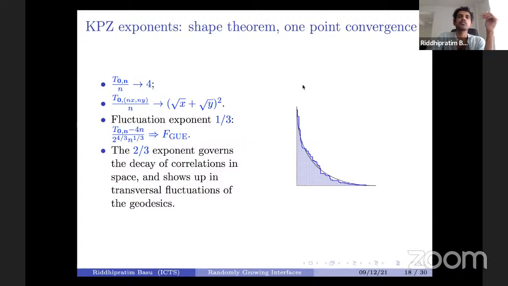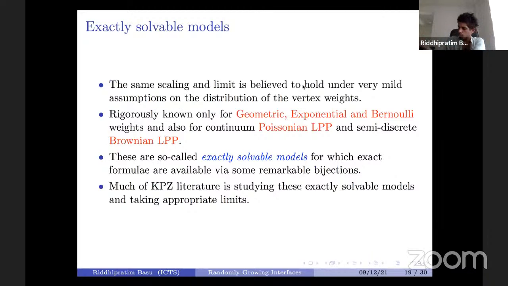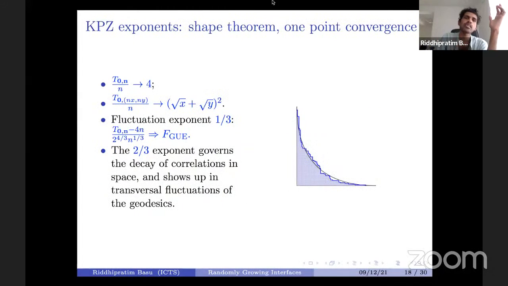Okay, so as I said, physicists will tell you that this model, these behaviors, are supposed to be universal. So what do I mean by universal? This constant 4 is not universal. It depends on the model. This constant 2 to the 4/3 depends on the model.